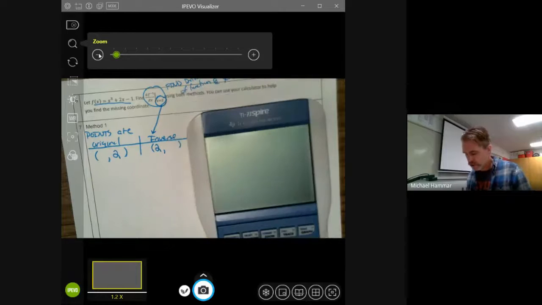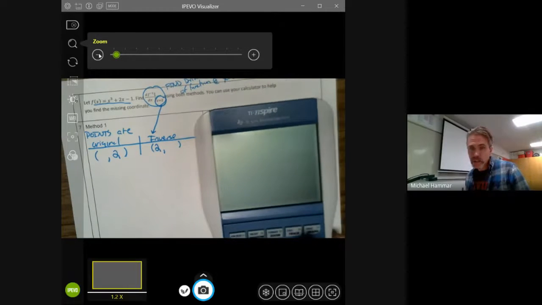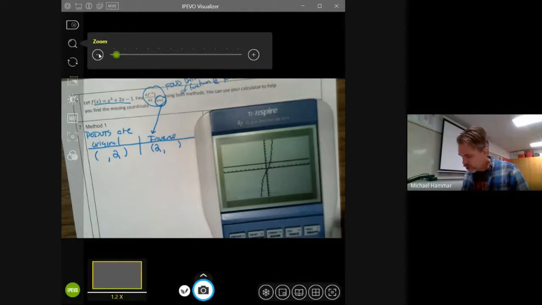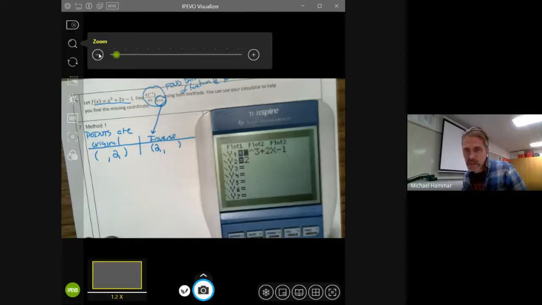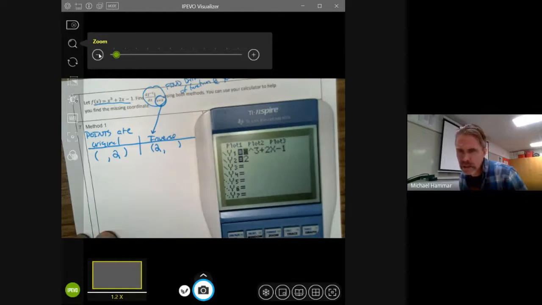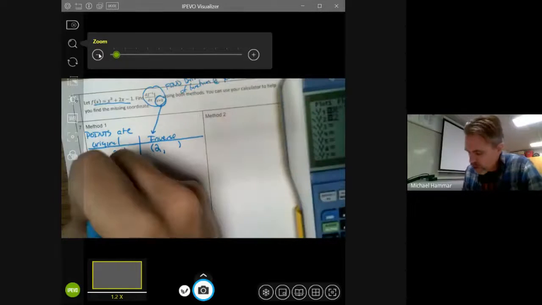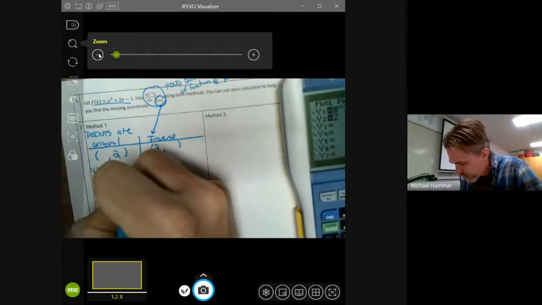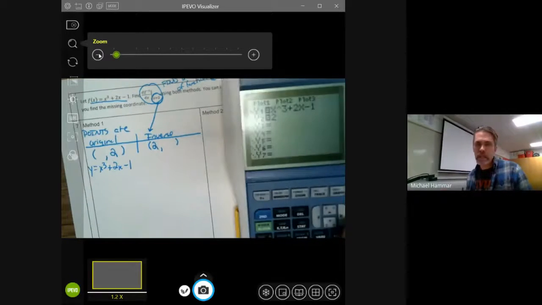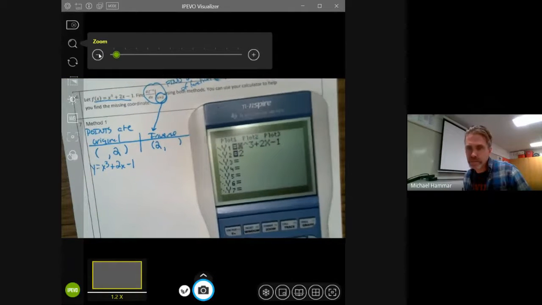The first thing you should do is type the original graph into your graphing calculator. Notice it is x to the third plus 2x minus 1. So y equals x to the third plus 2x minus 1. That is our original function.